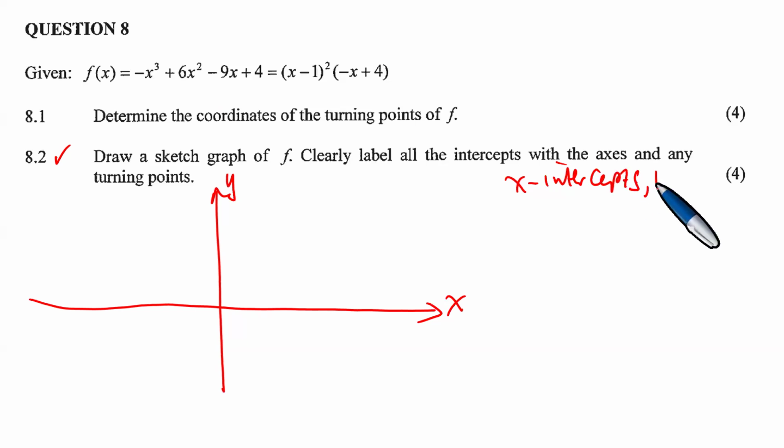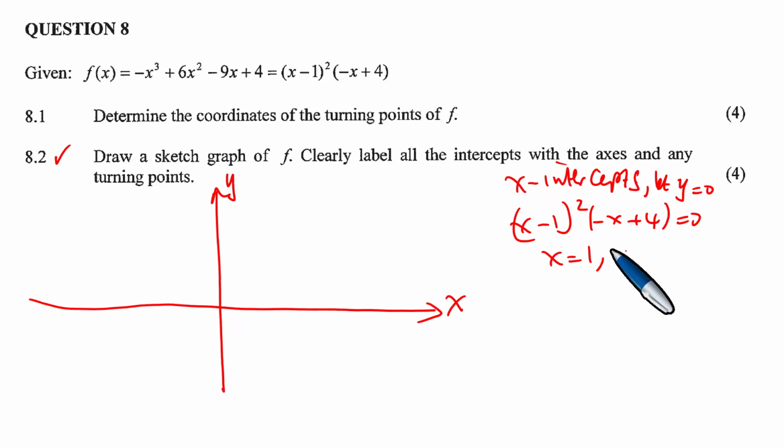The x-intercept occurs when we let y be 0. When that is the case, you have x minus 1 squared, and then we have this one here equals 0, which means x equals 1, x equals 4.